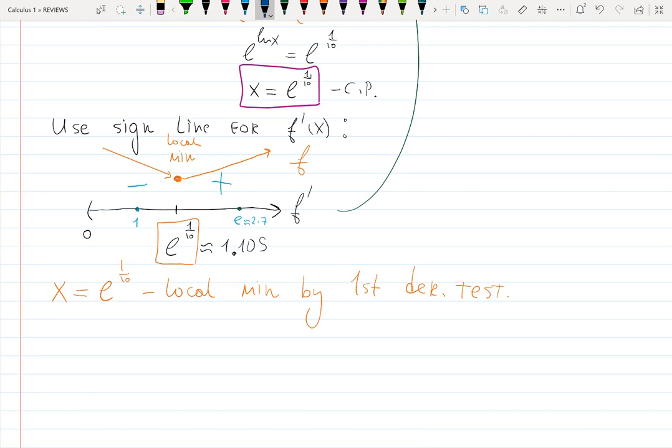I would say that x equals e to the 1/10 is the abscissa, which is the input x coordinate, of the global minimum as well, because there are no other critical points.